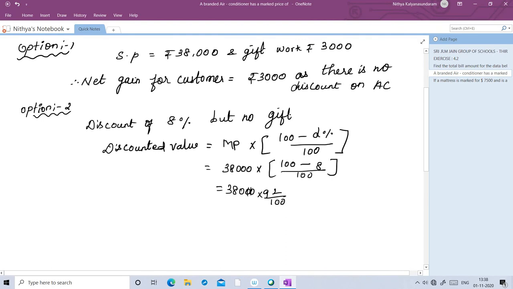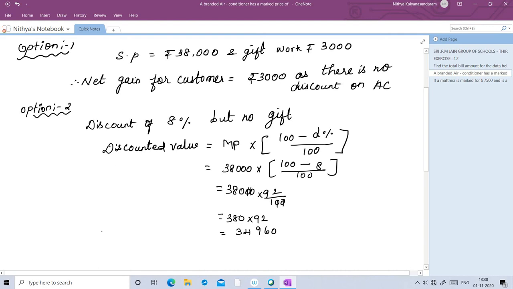Cancel 2 zeros: 380 into 92. Multiplying, we get 34,960.